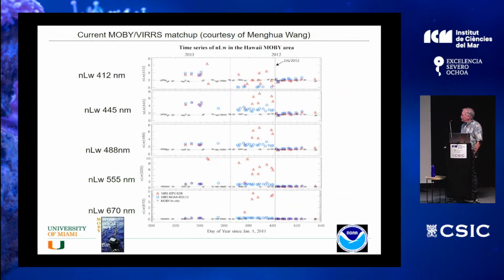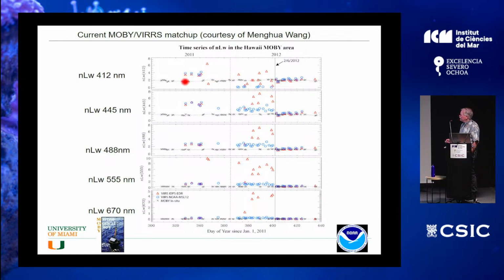To show what happens when you do this right, this is the VIIRS satellite, or VIIRS instrument on a NOAA 20 satellite, so a NOAA United States satellite. It's launched here. The crosses are the MOBI data from the site, which I'll show later.